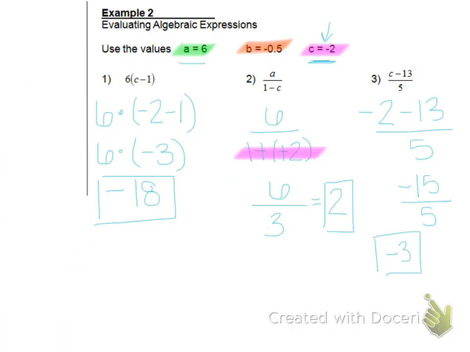So evaluating this expression, we get an answer of -3. And what I want you to really see here is that in all these problems, whatever the value of the variable was, I replaced that in the problem. So for example, in number 3, instead of writing C minus 13, we substituted the value of -2 in for C.